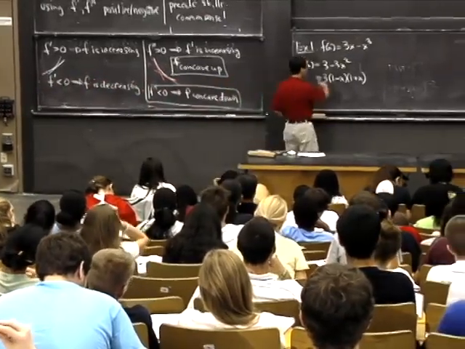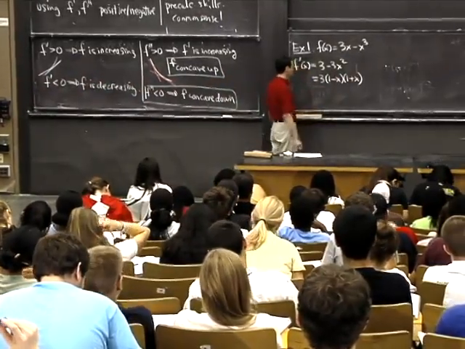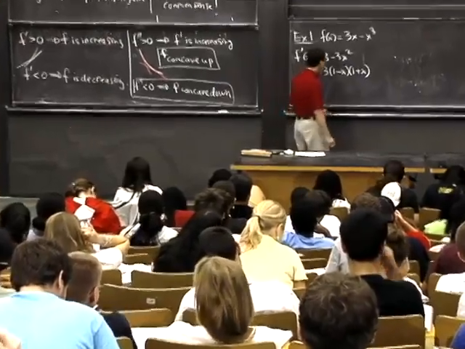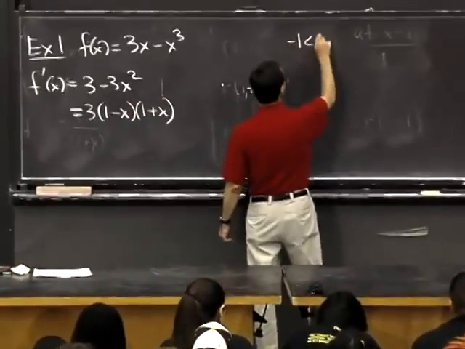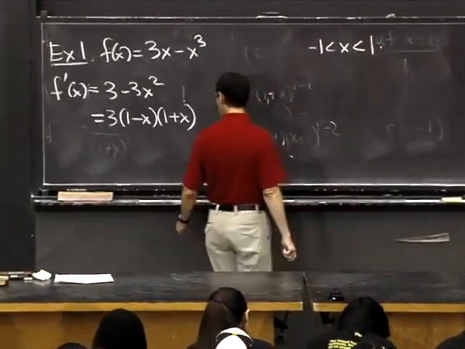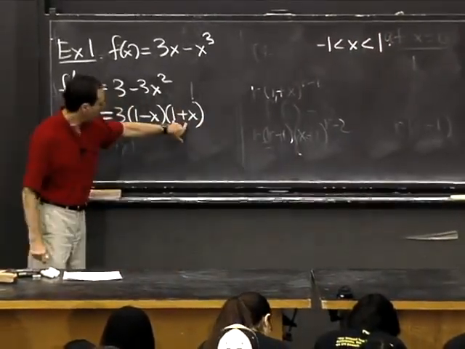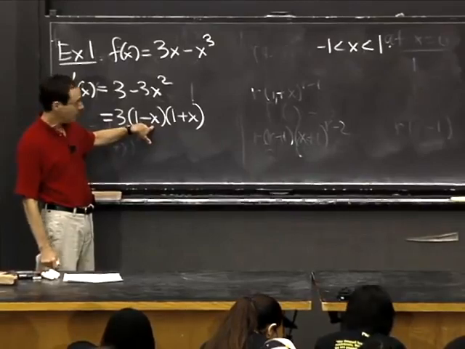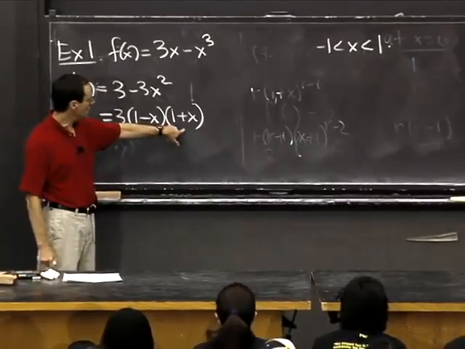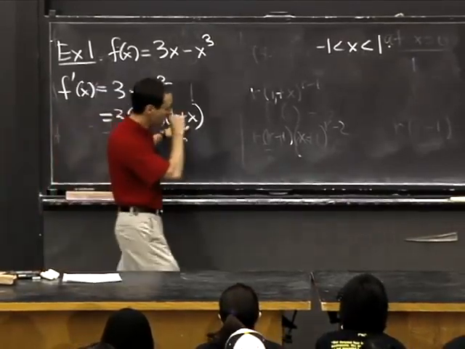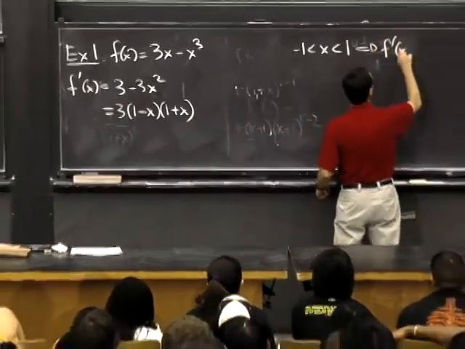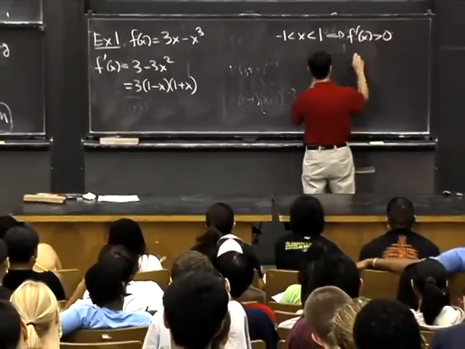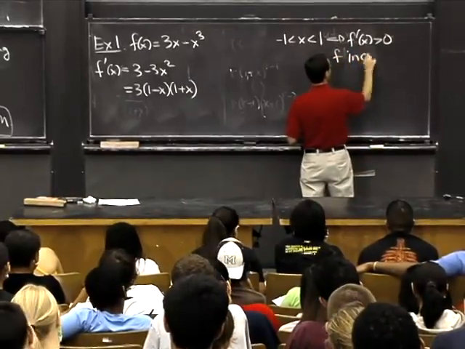Namely, just staring at this, I can see that when -1 is less than x is less than 1, in that range, both these factors are positive. 1 minus x is a positive number, and 1 plus x is a positive number. So in this range, f prime of x is positive. So f is increasing.